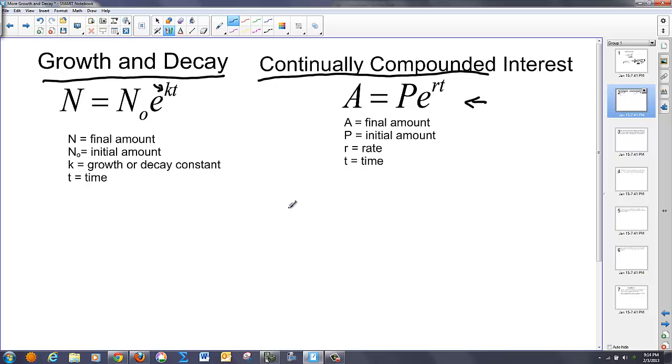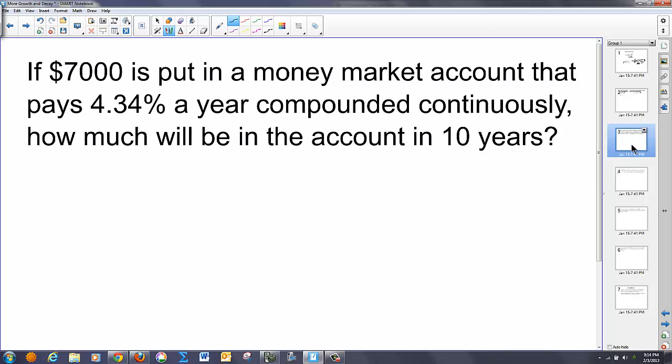So anyways, let's take a look at our first example. This is a continuously compounded problem. We start with $7,000. We compound continuously at 4.34%, so that's 0.0434, and we do it for 10 years, so that's P e to the RT.